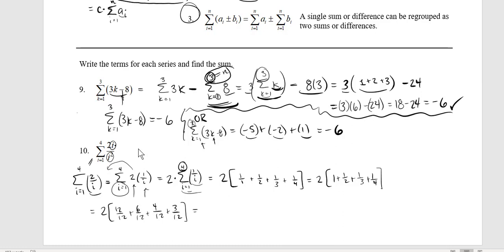Pulling out the 1/12 factor to the front, you get 2 twelfths, and the sum of integers. 2 twelfths is 1/6. And inside it looks like I've got 25. So that's what this sum equals.